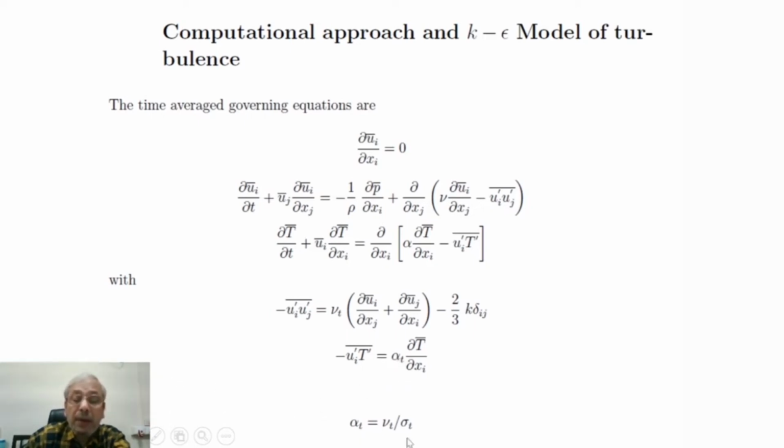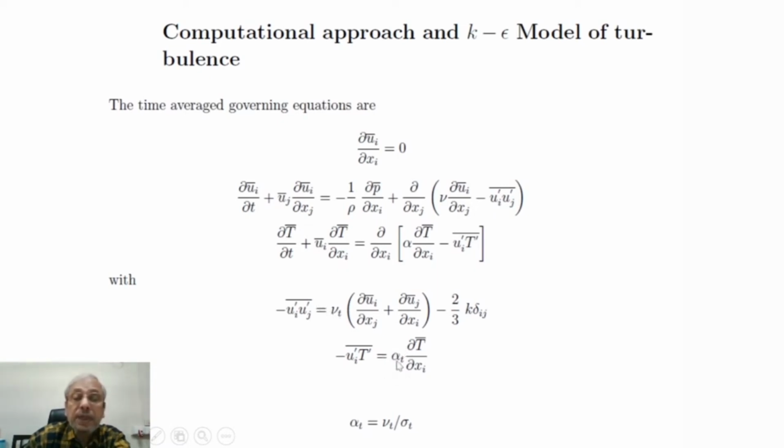Now, one a priori information is if we know nu t, alpha t can be determined. Alpha t is related to nu t by sigma t, where sigma t is nothing but turbulent Prandtl number. For a given fluid, usually this is known. So if we calculate nu t and divide it by sigma t, we will get alpha t, which is turbulent diffusivity or eddy diffusivity.